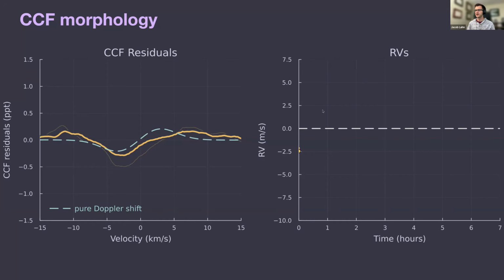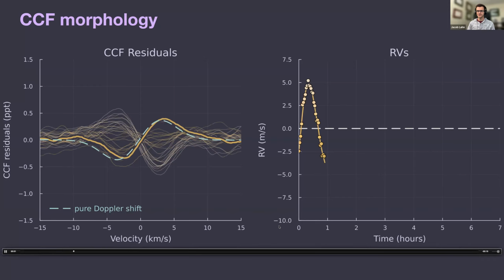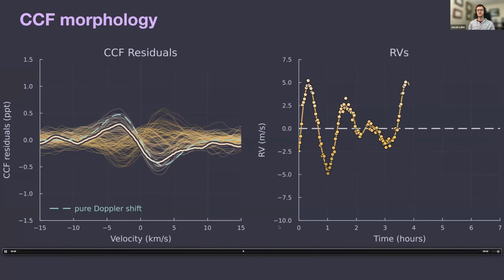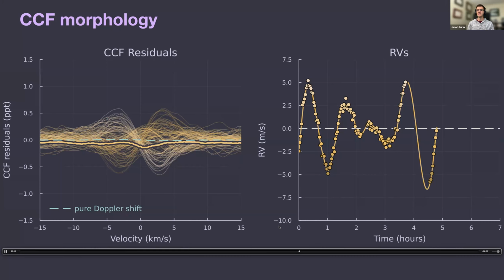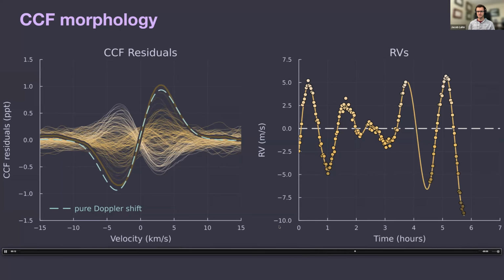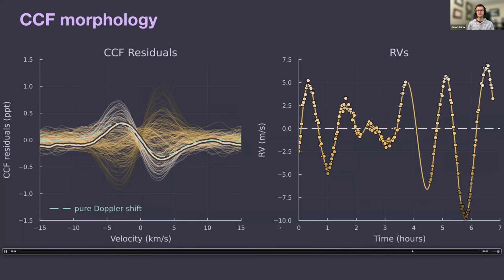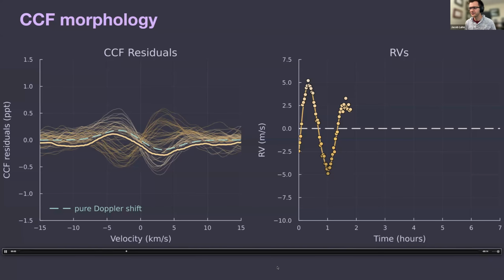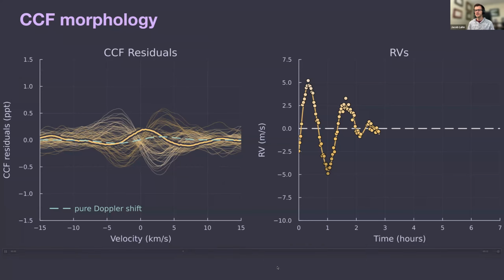And then on the right, we'll just watch the RV time series go by. And so we can see that for the most part, throughout the night, there's a portion maybe right about now where it doesn't, but for the most part, these RVs are introducing CCF shifts that appear to follow pure Doppler shifts. And so this is an interesting result.